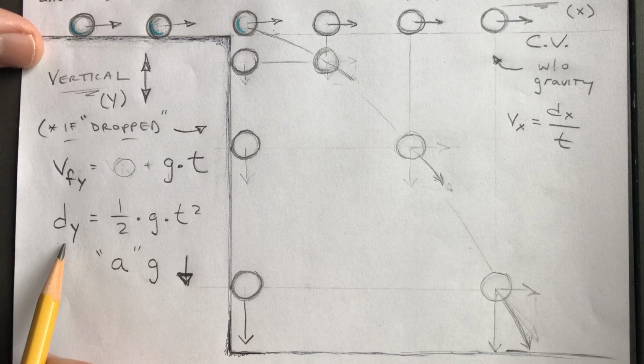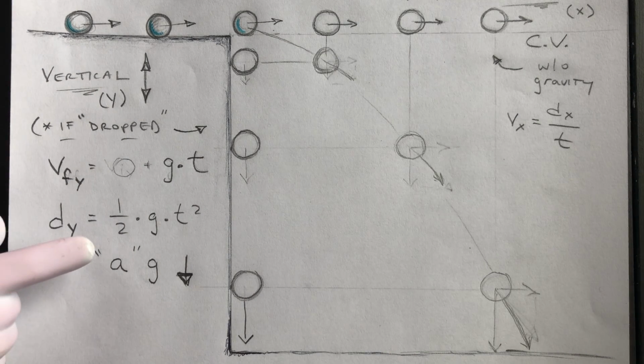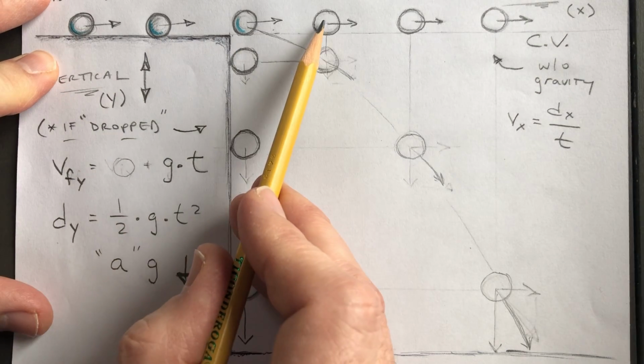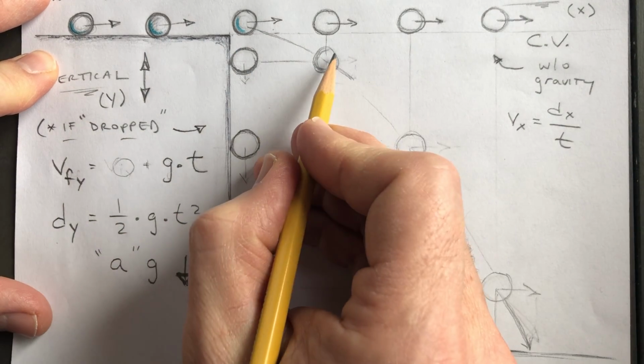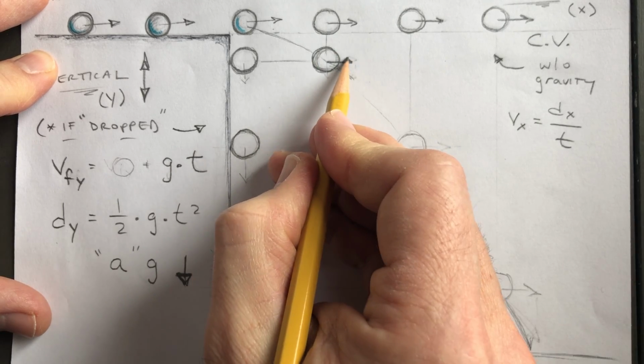Also in the y direction, what I want to do is use dy equals 1/2 gt squared, because in the y direction, gravity. Now, when you combine the two together, both the vertical and horizontal, you get your projectile motion.